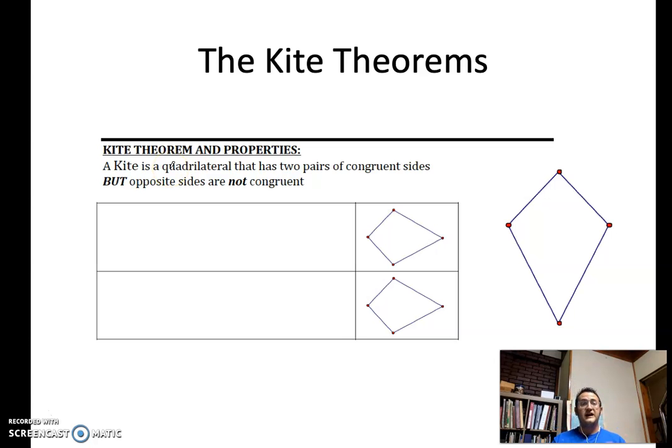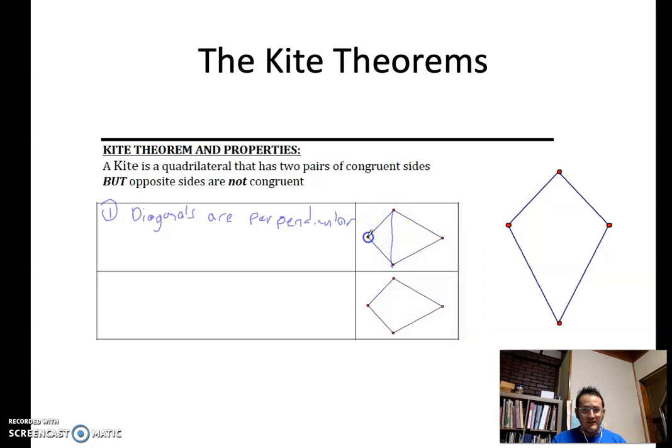All right, so now here are some kite theorems and properties that are useful. So one is that the diagonals are perpendicular, meaning that they intersect at 90 degrees.